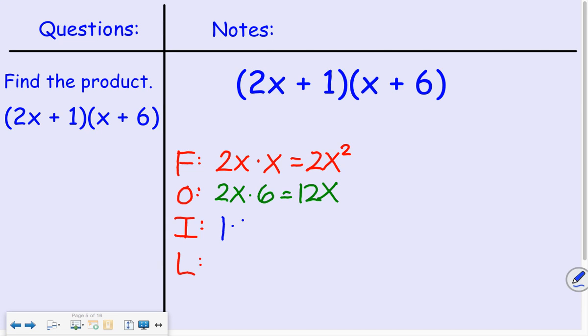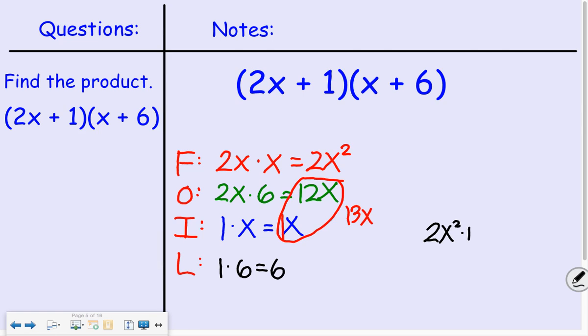Inner is 1 times x, which is 1x or x. And last is 1 times 6, which is 6. Combine my O and I, 12x and x, which makes 13x. Remember, it's like 12x and 1x. So my answer is 2x squared plus 13x plus 6.